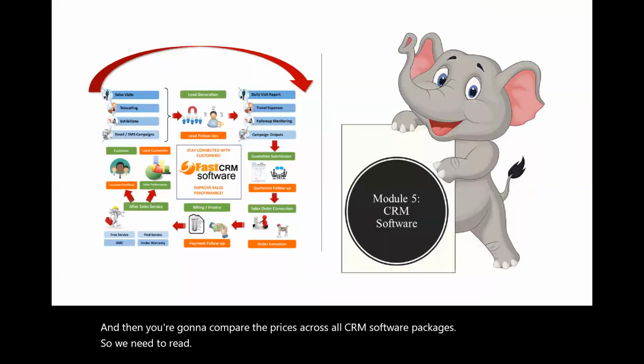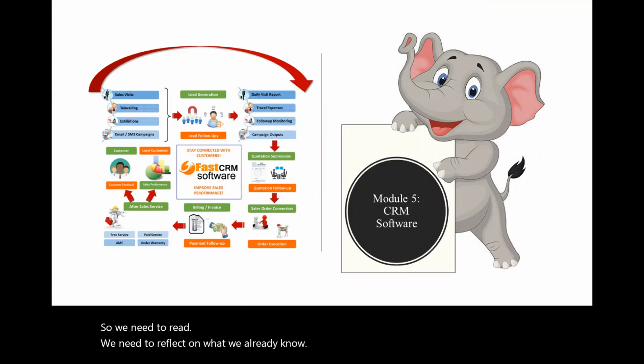And we need to reflect on what we already know. I encourage you to go back and review Deliverable 5. That should help you. This image on this slide, you should remember seeing that when we discussed Deliverable 5.